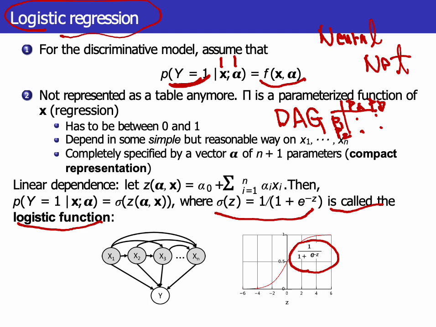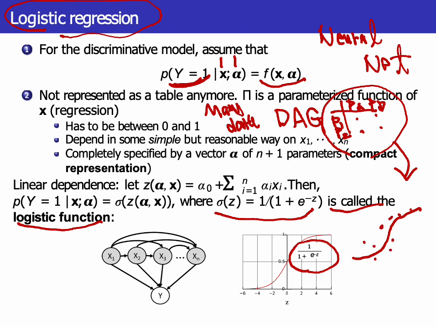And for a logistic model, there is a lot of data, so we want to represent this table as fitting to certain functions. We usually use this logistic function, between 0 and 1.